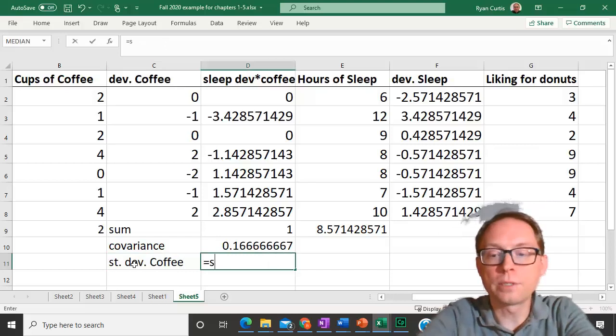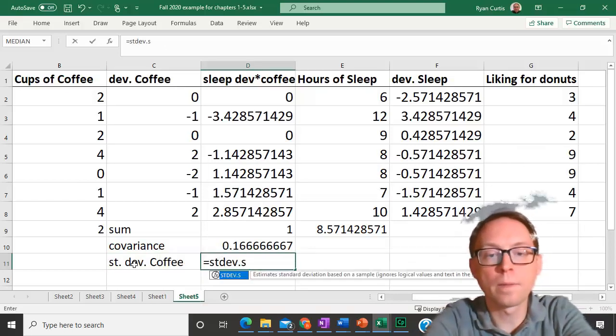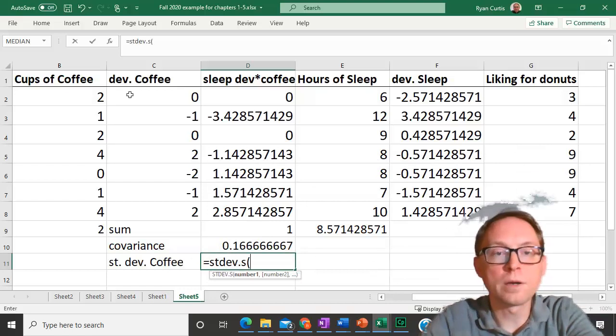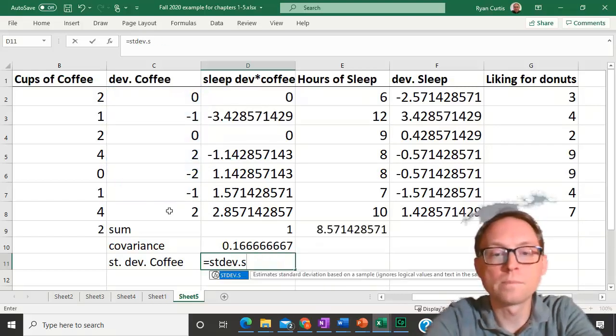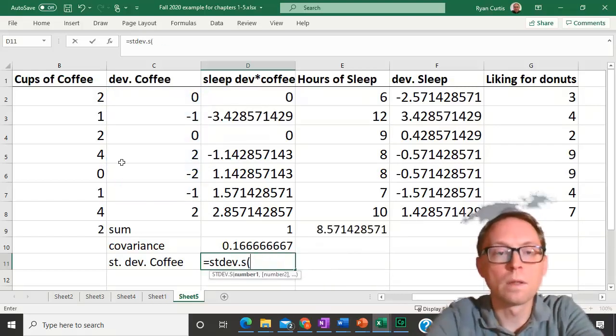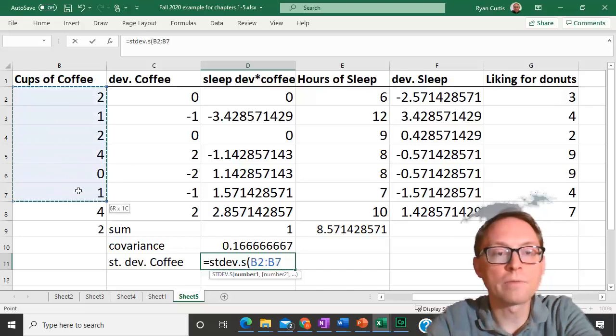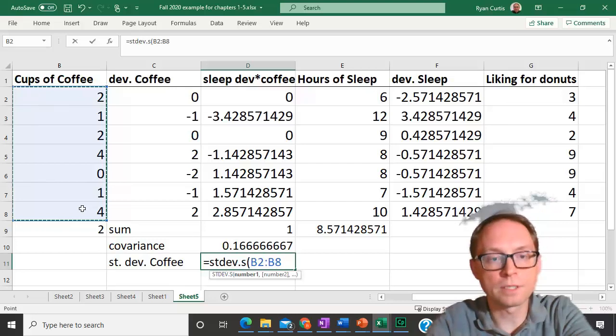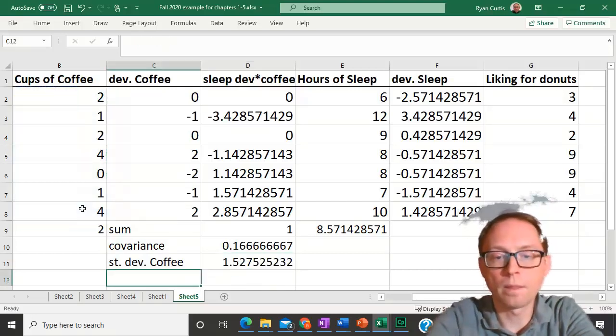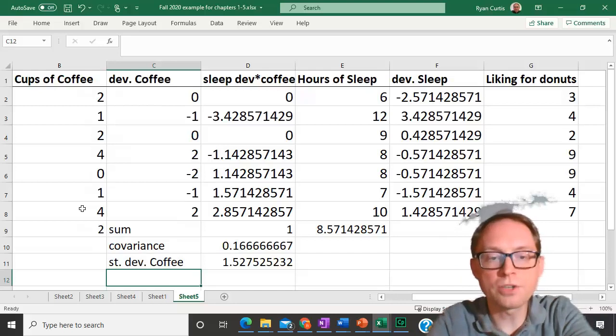Not the deviations, that's not right. The standard deviation of cups of coffee is these. Let me make sure I didn't miss any. 1, 2, 3, 4, 5, 6, 7 of them. Good. So the standard deviation of cups of coffee is 1.53, roughly.